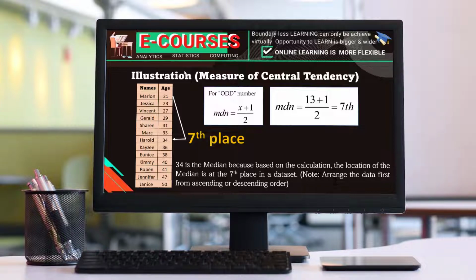Again, remember, before computing for the median, you need to arrange the data from ascending to descending order or vice versa. So this is an example of a median for an odd number.